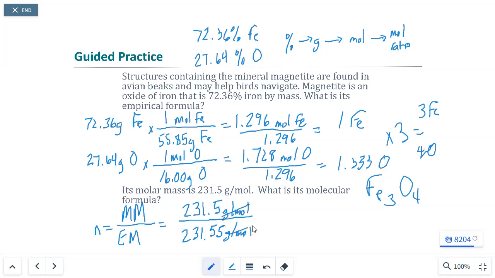My grams per mole cancel. Now, with this calculation of multiplier, we can be really generous with rounding. This has to be a whole number.